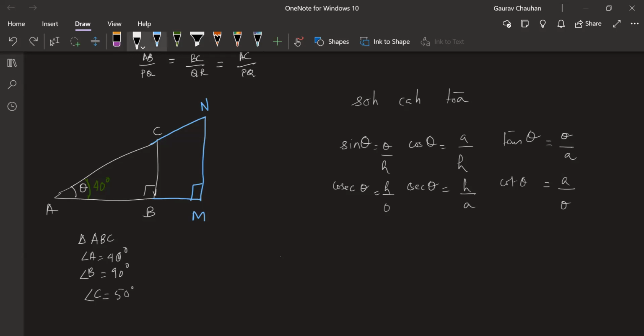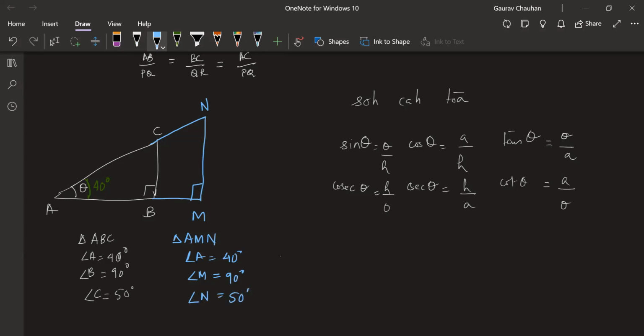Now, just think about triangle AMN for a moment. Here you know that angle A is equal to 40. Angle M is equal to 90 degrees. Automatically, angle N becomes 50 degrees.